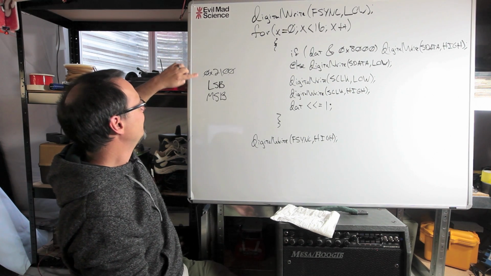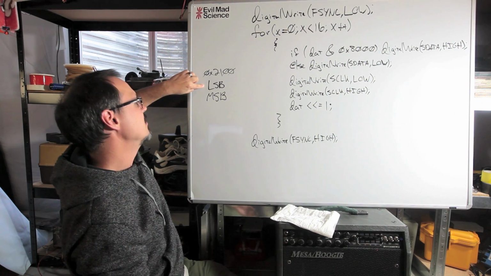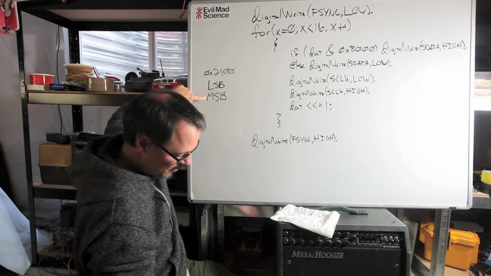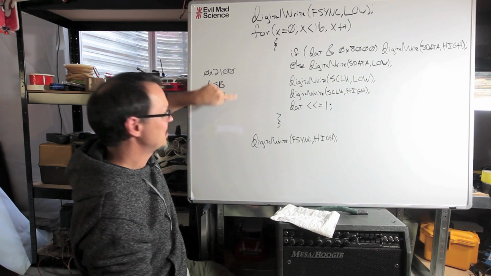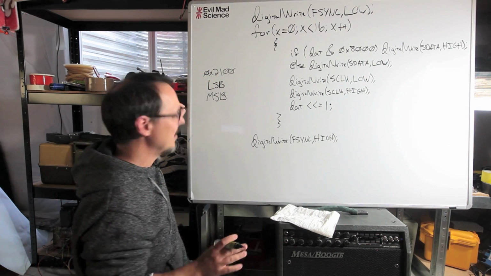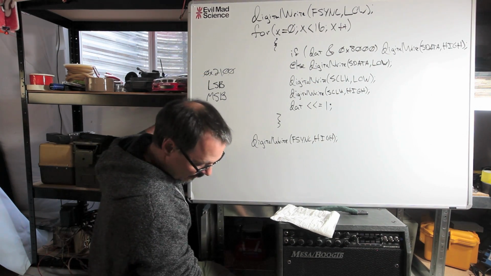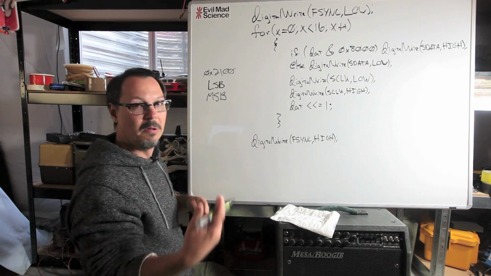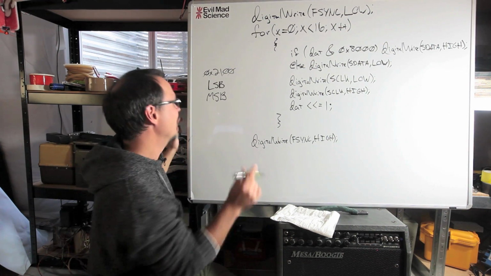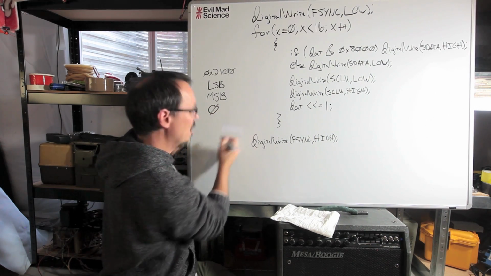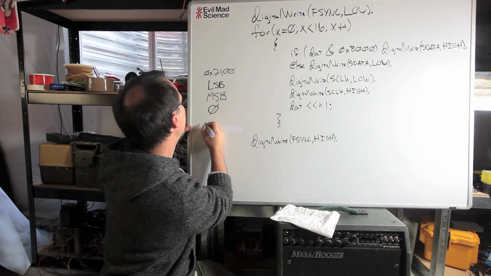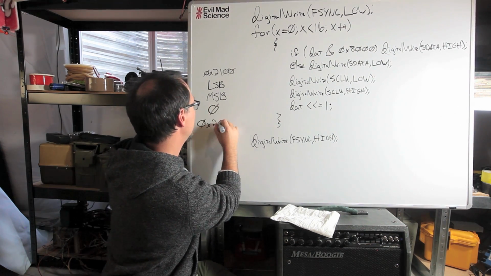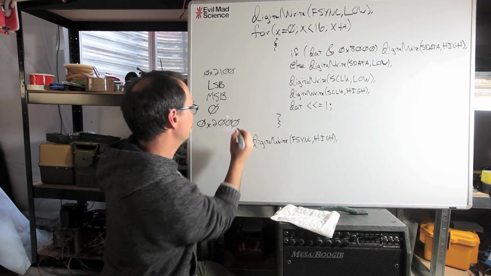So we send the command, then we send the lower register, then we send the upper register of the frequency bits, and this value has to be calculated in a funky way that's not pertinent to the example, so I'm not going to bother. Then you set the phase register, because the generator is capable of doing all kinds of wiggy things, which I'm not trying to do in this case. So I send this as 0, and then the very last thing you do is you send it 0x2000.